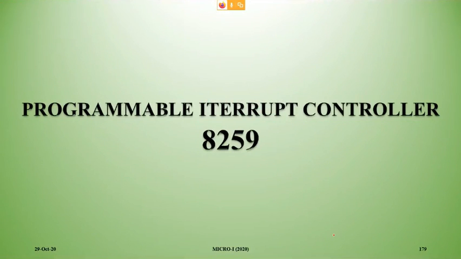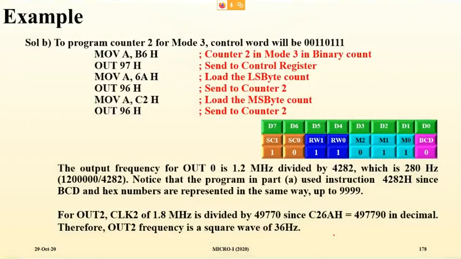If you are thinking 8255 and 8254 were difficult, then 8259 is at least 5 to 10 times more difficult because it can handle interrupts. Interrupt itself is quite a heavy concept, and this IC can program the interrupts in many ways. So definitely it is going to be a bit challenging.